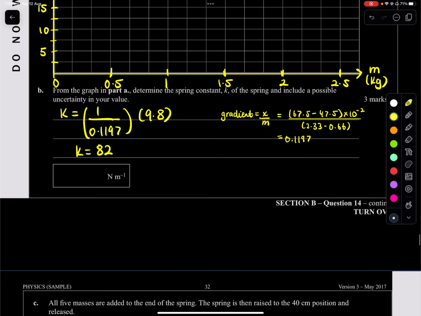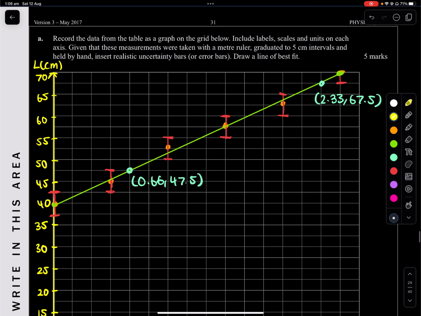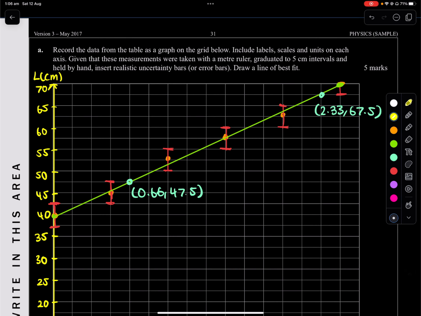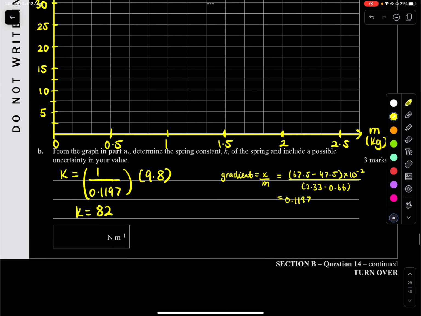Okay, but then it says, include a possible uncertainty in your value. This is a stupid question. Uncertainty, if it's graduated to 5 centimeters. So if it was 5 centimeters and we halved it, we said 2.5 centimeters, and then it should become 3.